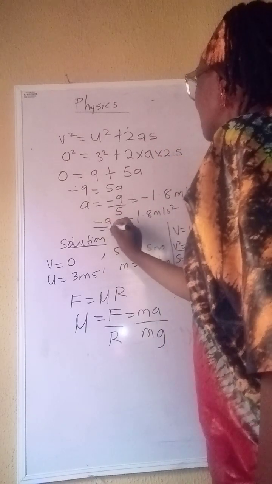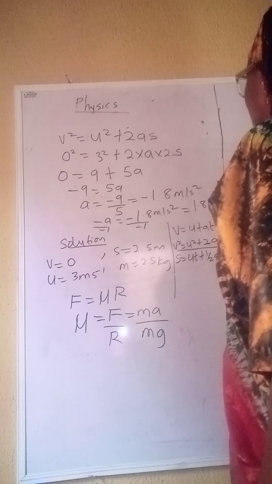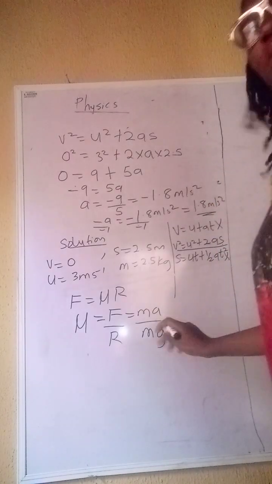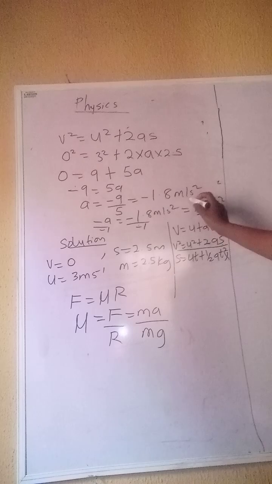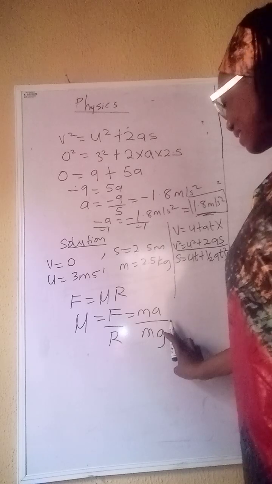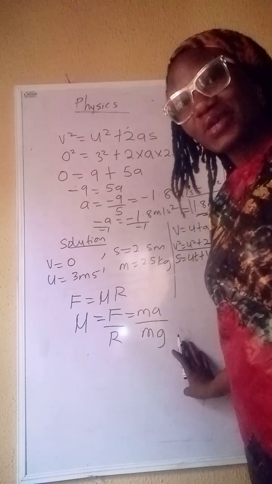If we divide both sides by minus 1, we have 1.8 meter per second squared as our acceleration. So we have gotten our acceleration to be 1.8 meter per second squared. Now we can come back here and solve, since our parameters are complete.